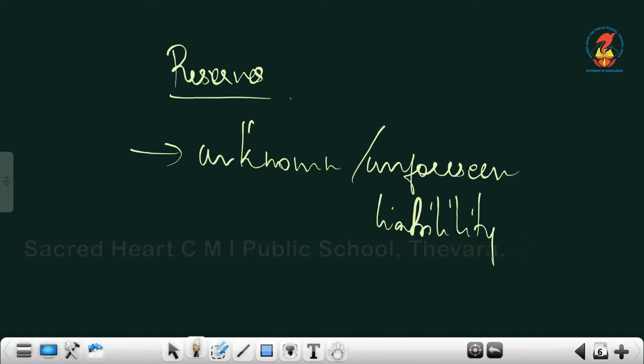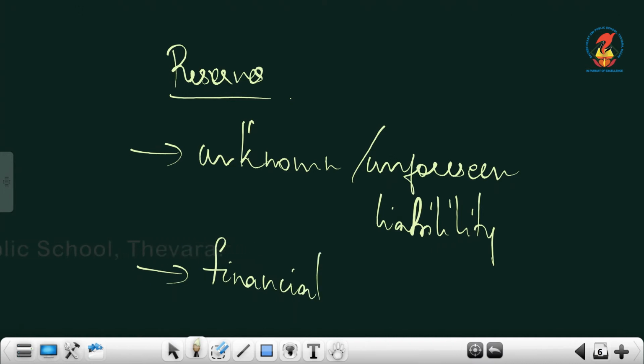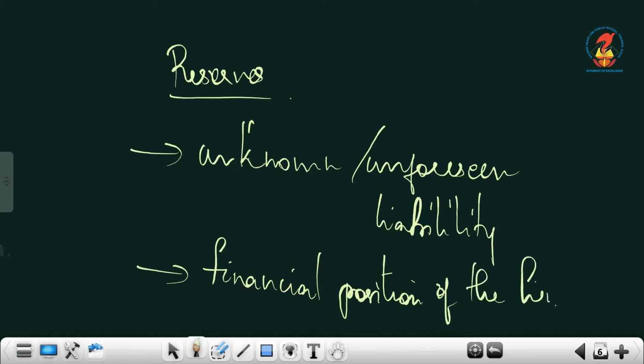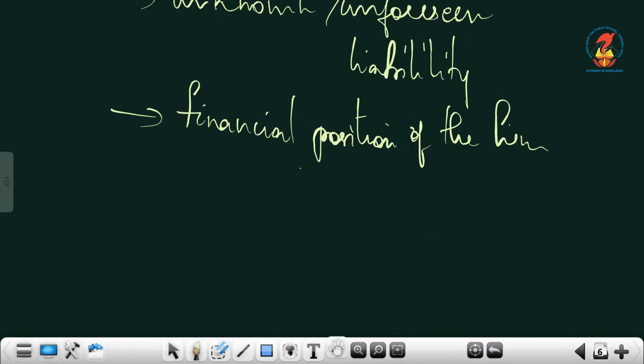Understood? So that is the main term you have to remember for reserves, and the creation of reserves helps to strengthen the financial position of the firm. So how is it helping to strengthen the financial position?